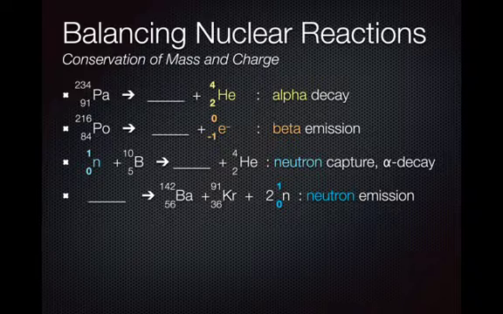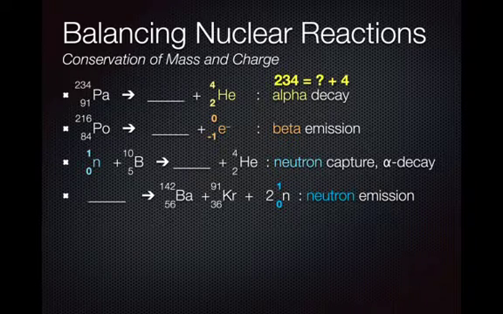All right, so this one is showing some of the things we can do. One, you could name what this is. This is an alpha decay. There's the alpha particle, and it's on the product side. But moreover, we want to be able to figure out what this unknown isotope is.